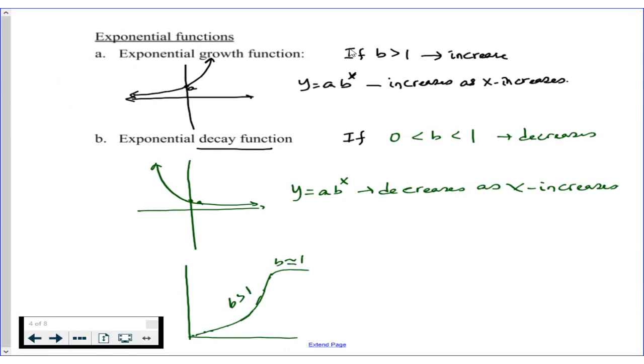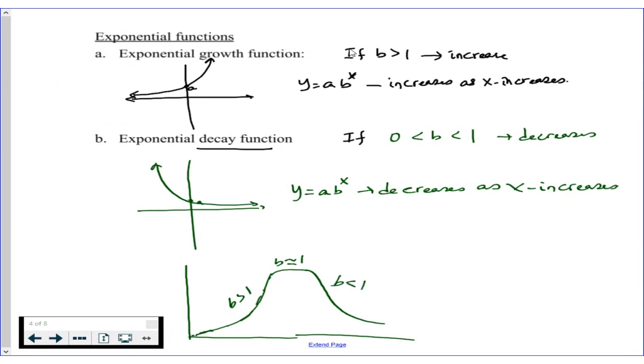You can see the curve for different states or different countries. You see this kind of graph for the rate of infection of coronavirus. It follows exactly the same pattern of an exponential function. Initially it increases, then it plateaus when b is closer to 1, then it decreases when b is between 0 and 1.